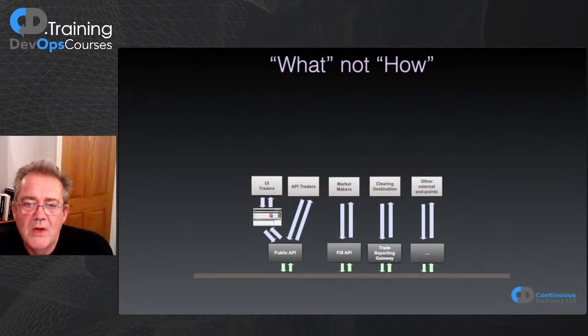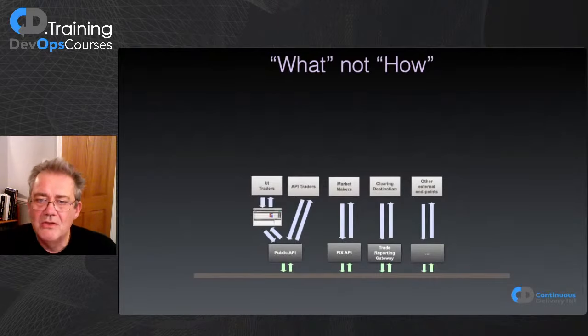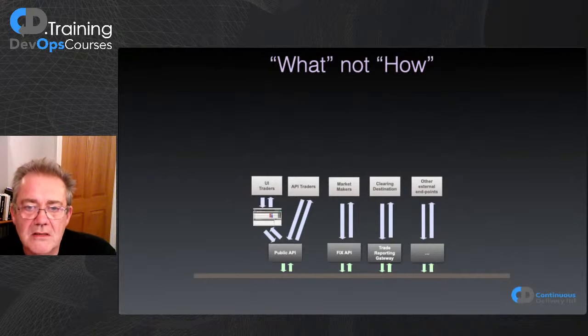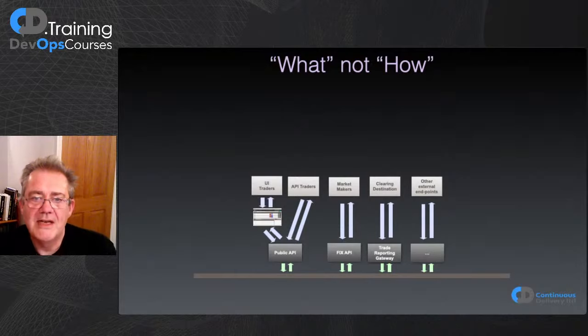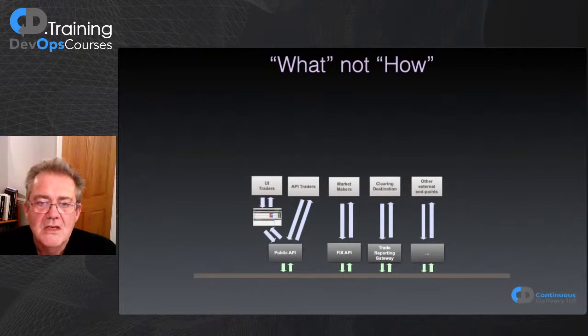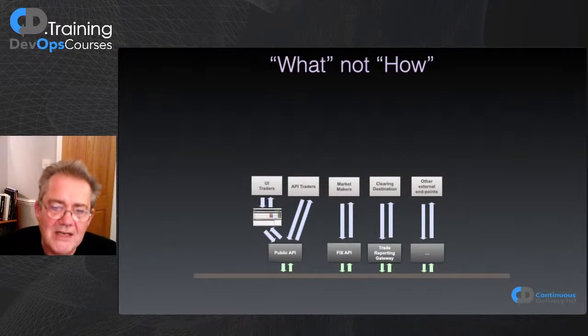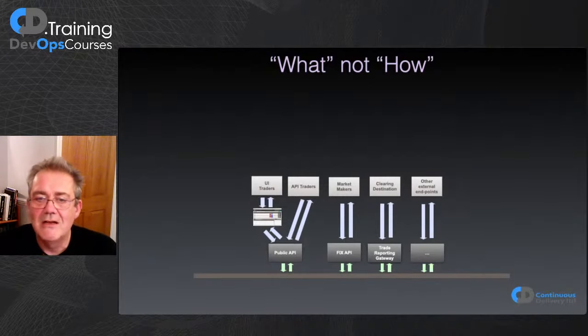Here we have a diagram of a system, and we have a bunch of users represented by the pale grey blocks at the top of the picture, UI traders, API traders, and so on. And they're interacting with the system through a variety of different channels. So through a public website, through a trading API, through other mechanisms. The detail doesn't really matter.